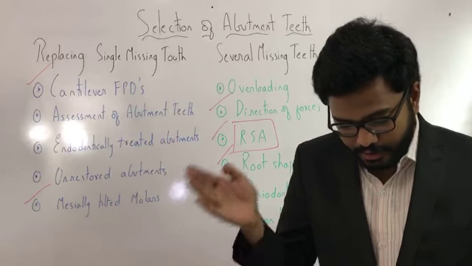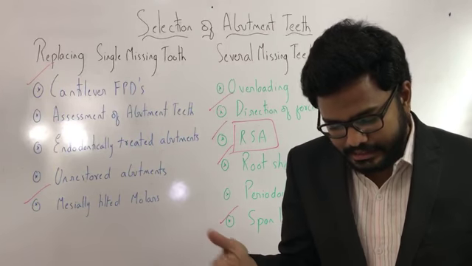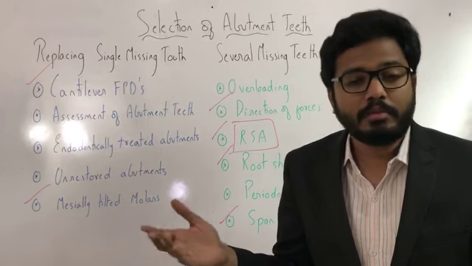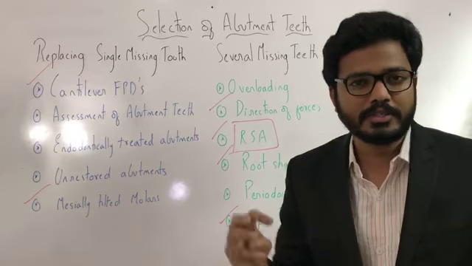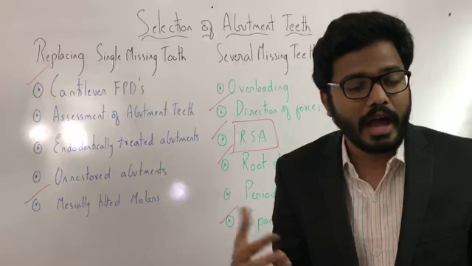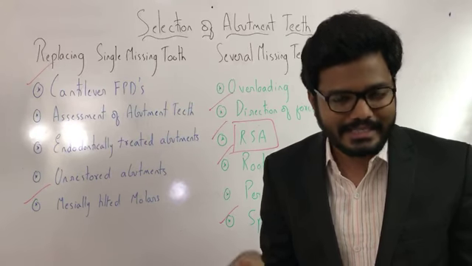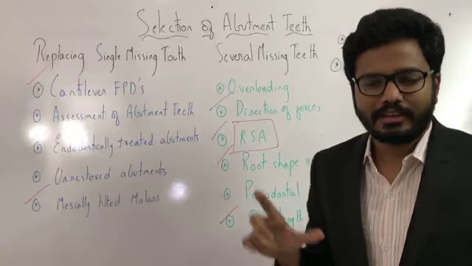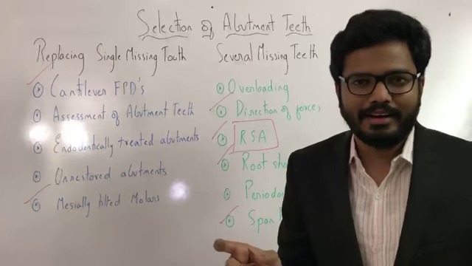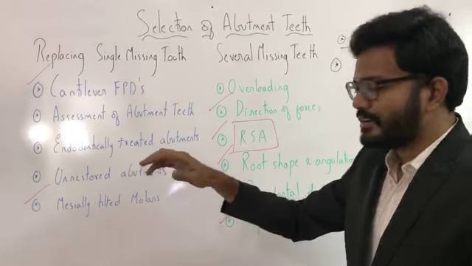In case of endodontically treated tooth, mesially tilted molar or mandibular molar with converging roots, among these three options, you haven't selected the better one, but you have gone for option D, isn't it? So which means the question is ideal abutment tooth. So obviously it's an unrestored abutment.